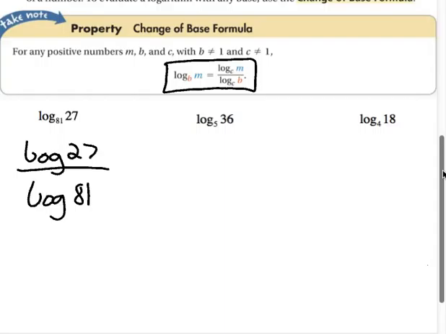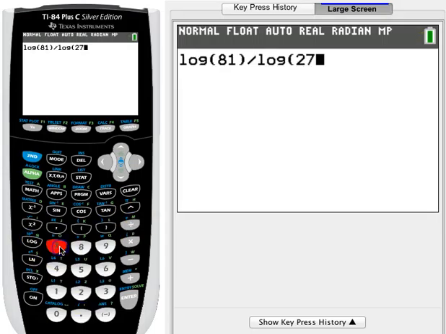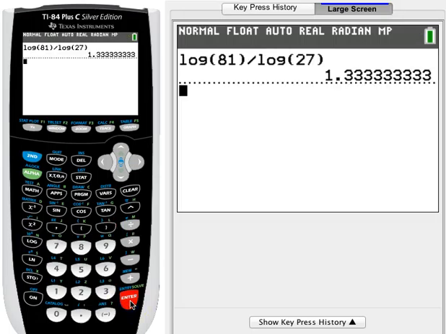Because remember, this is really log base 10, I just don't have to write that. And that's something my calculator can actually do. That button right there can actually do that for me. So in rewriting it in this form, I've turned it into something that I can calculate.